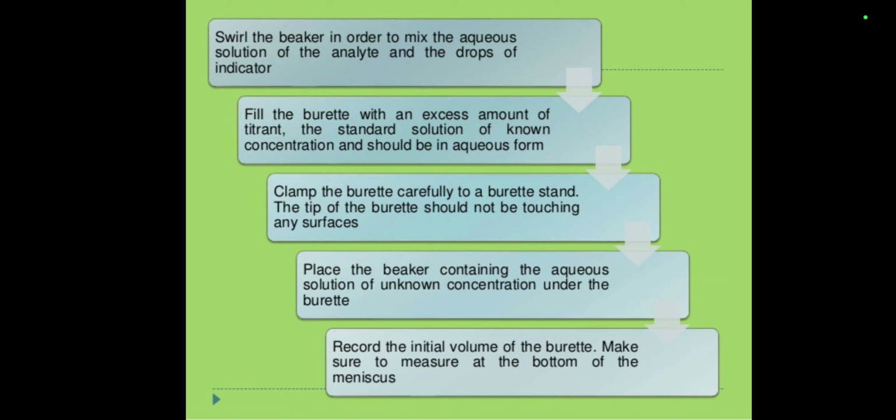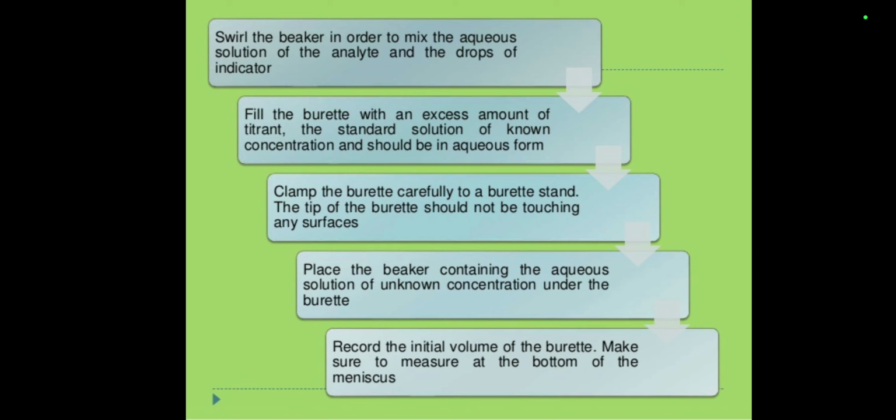The tip of the burette should not be touching any surfaces. Place the beaker containing the aqueous solution of unknown concentration under the burette. Record the initial volume of the burette. Make sure to measure at the bottom of the meniscus. So this is the procedure, as I said a while ago, in starting the experimentation, which is called titration.